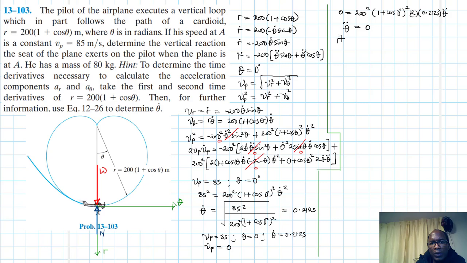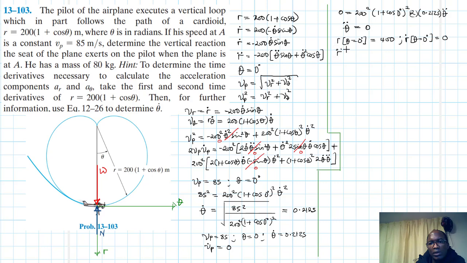R at theta equal to 0 degrees is just going to be equal to 2 by 200, which is 400. Then R dot at theta equal to 0 is just equal to 0.